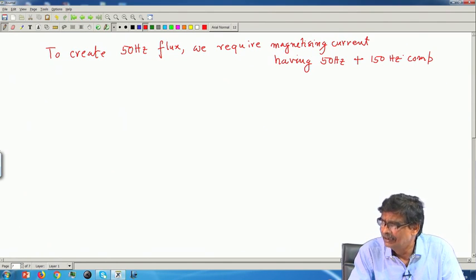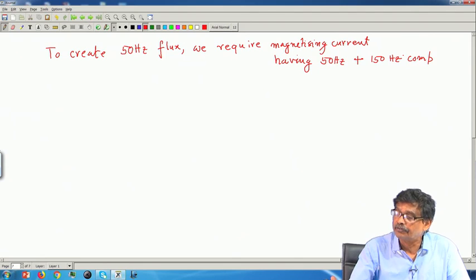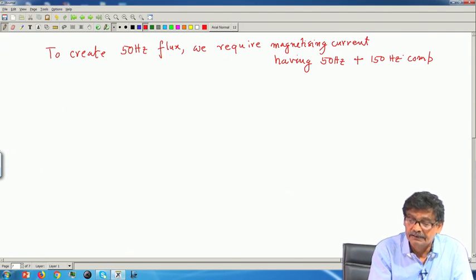Amplitude I am not telling, a little thing will be required for the 150 hertz, the majority will be the fundamental.